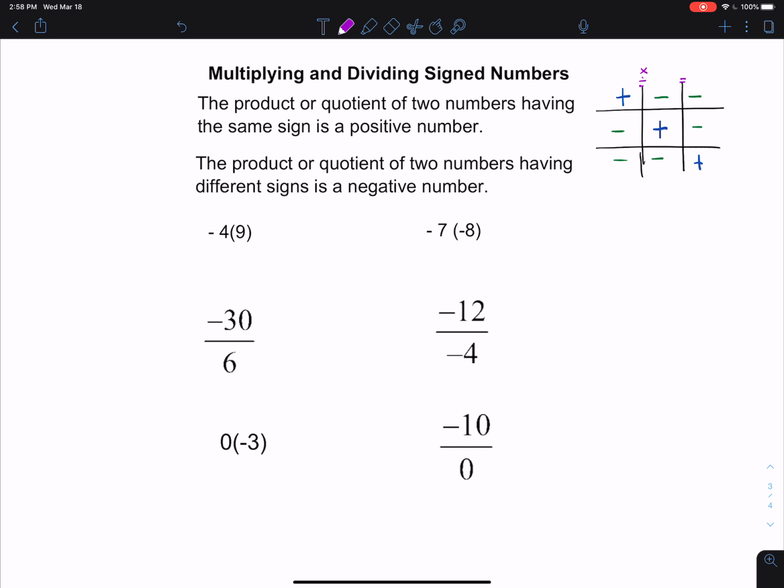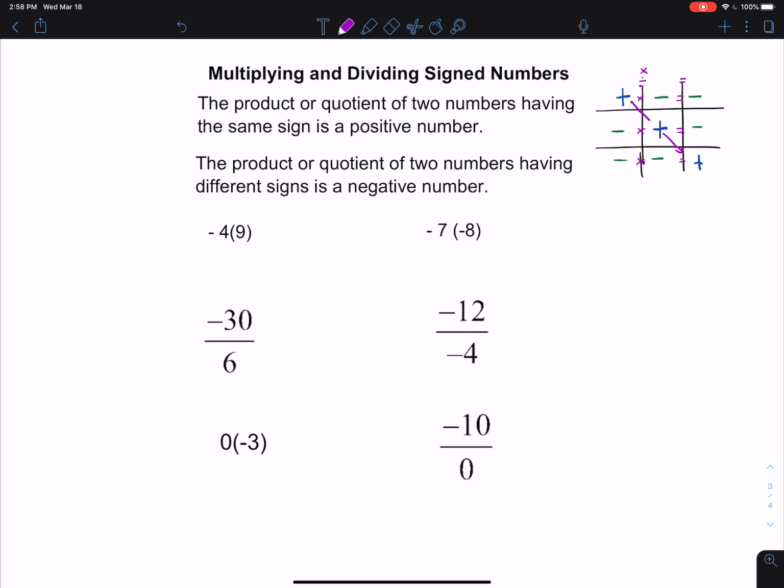And if we fill that out, we make kind of a key for our multiplication and division. If we go left to right, a positive times a negative is going to equal a negative. A negative times a positive is going to equal a negative, but a negative times a negative gives us a positive. And if you go across the diagonal, you find that a positive times a positive gives you a positive.